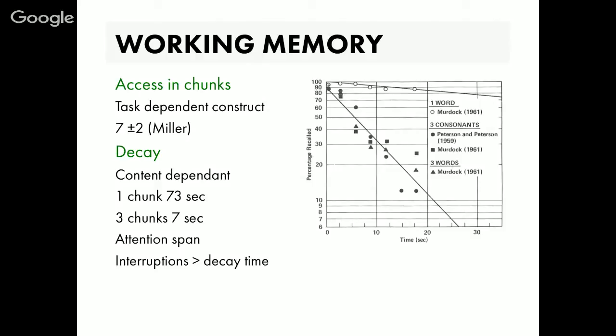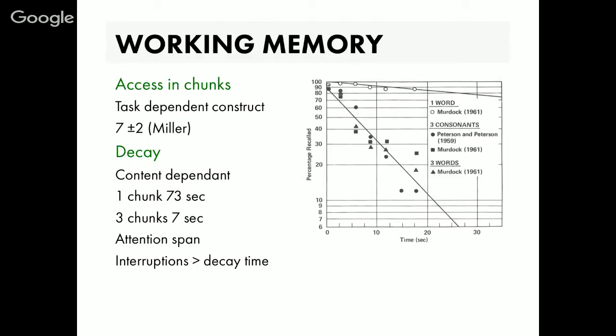If you look at this graph, it shows the percentage that people recalled over time. Now that's showing you the decay. So if you ask someone to remember one thing, a letter, something, they do a fair job at remembering it over roughly, say, 73 seconds. If you give them 3 things, usually about 7 seconds, and so on.